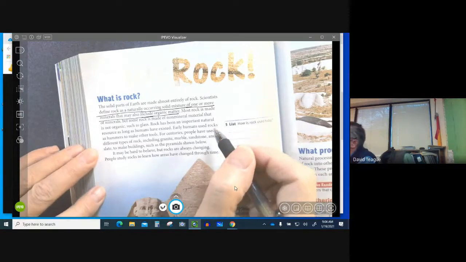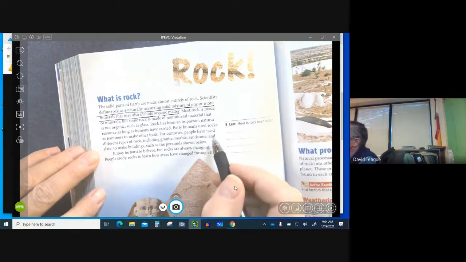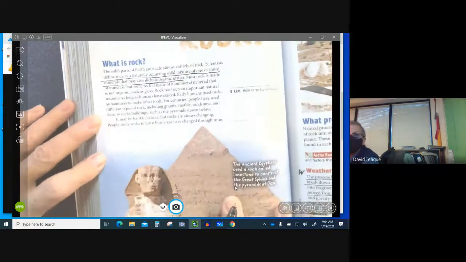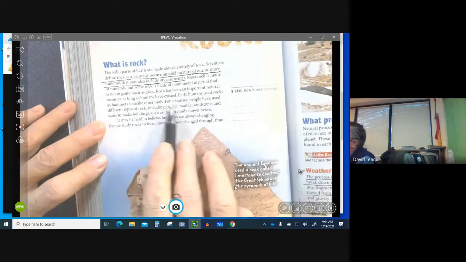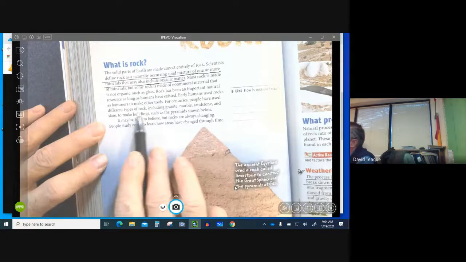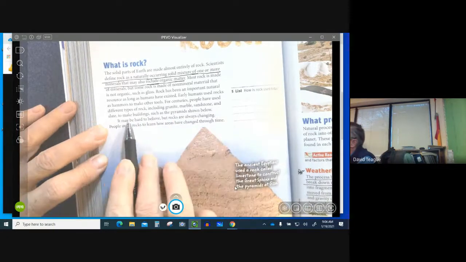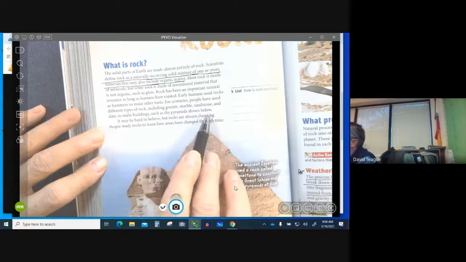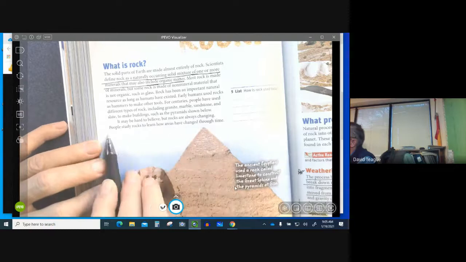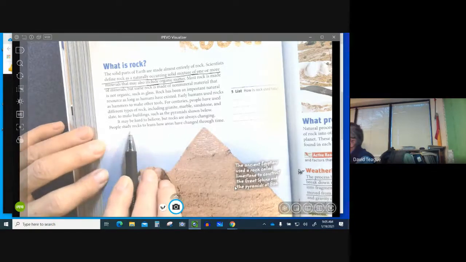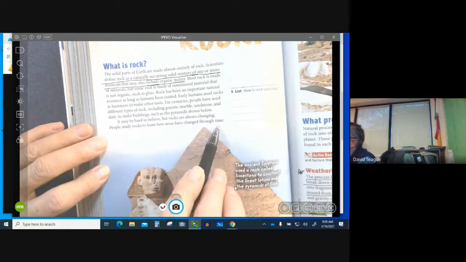Early humans used rocks as hammers to make other tools. For centuries, people have used different types of rock, including granite, marble, sandstone, and slate to make buildings, such as the pyramid shown below. It may be hard to believe, but rocks are always changing, and people study rocks to learn how areas have changed through time.